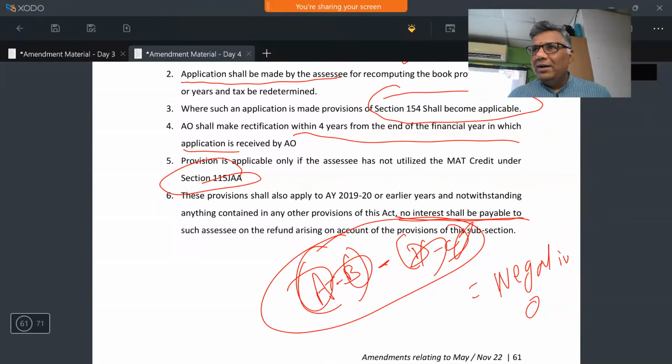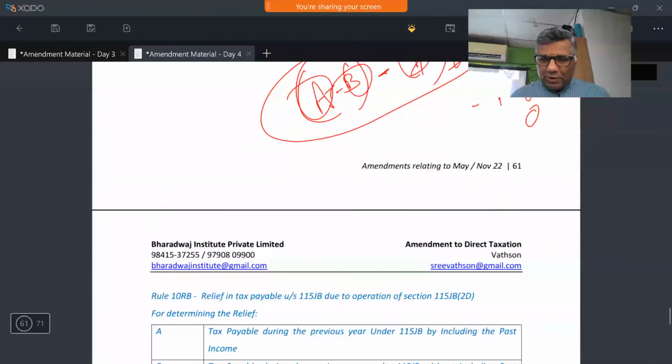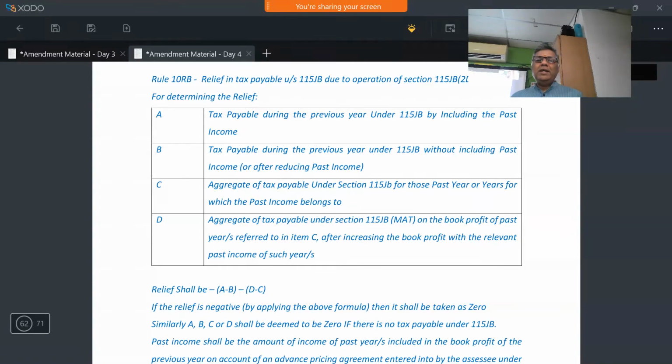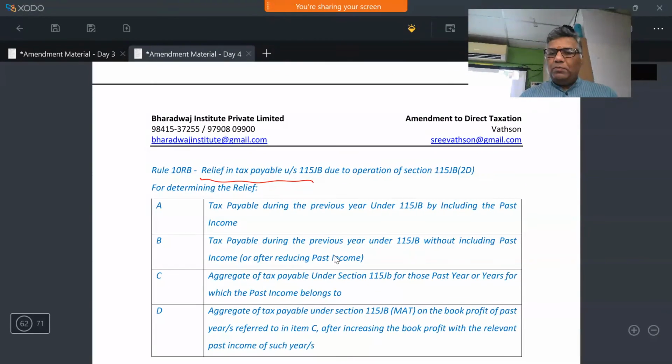So once more, rule 10RB says relief under section 115JB is due to the applicability of the new rule 115JB(2D). A, MAT payable, including the past income. Here the tax payable under 115JB is nothing but MAT.